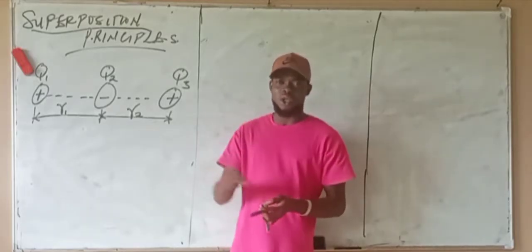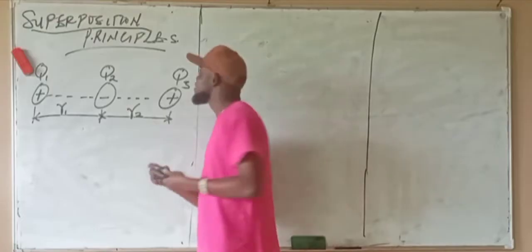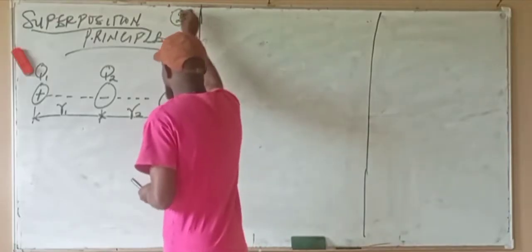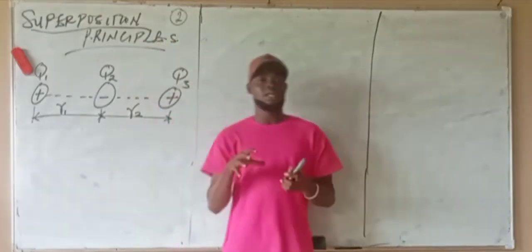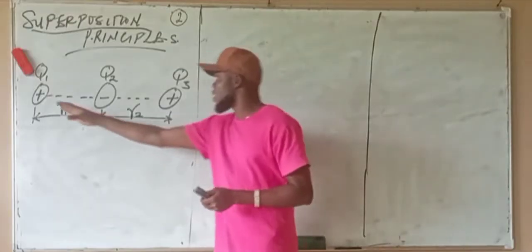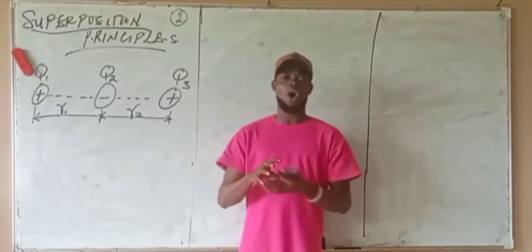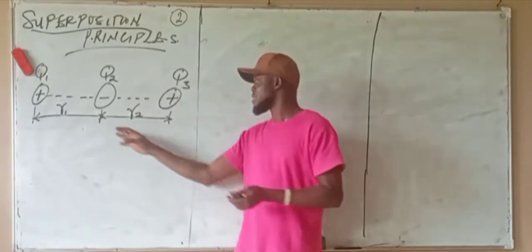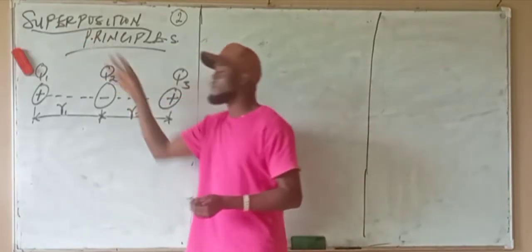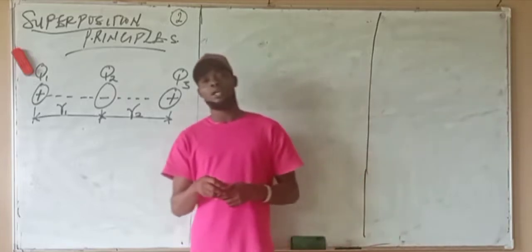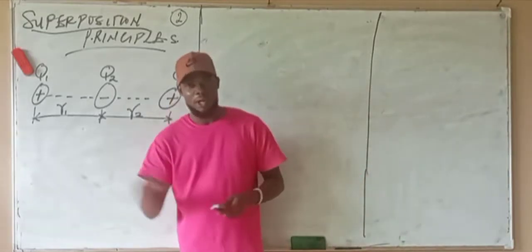Now, Coulomb's law is typically stated for two charges. That's the problem we are having now, because in this question we have three charges. So how are we going to resolve this, or unravel this mystery? We are going to use a principle we call the superposition principle.